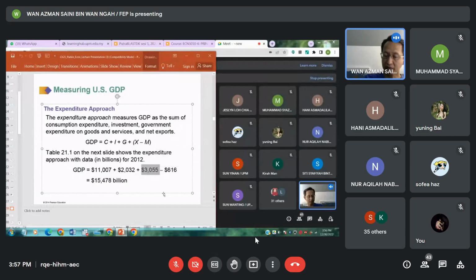This is the market value of all goods purchased by the governments, and this is the adjustment that we make for exports and imports. So at the end, we have this 15 trillion that represents the market value of all goods produced within the United States. In the US, they produce this amount of goods per year. This is annual data.